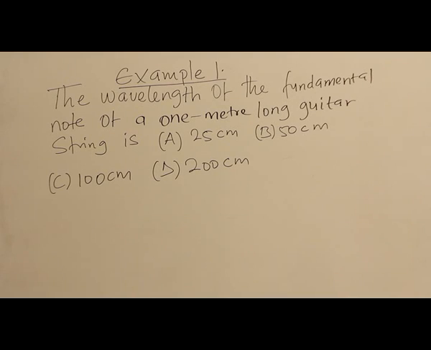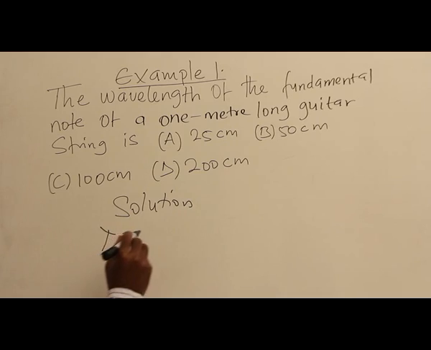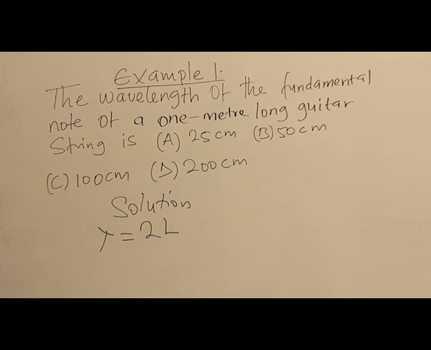Example 1. The wavelength of the fundamental note of a 1 meter long guitar string is A, 25 centimeters, B, 50 centimeters, C, 100 centimeters, D, 200 centimeters. Now we can solve that. Solution. Lambda, which is the wavelength we are asked to calculate, is given as 2L.